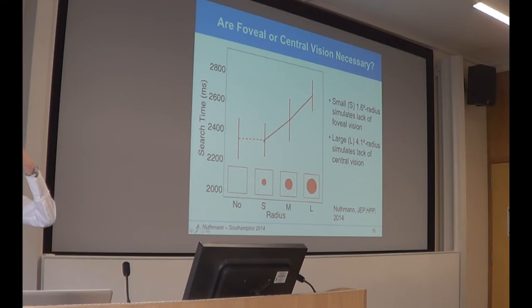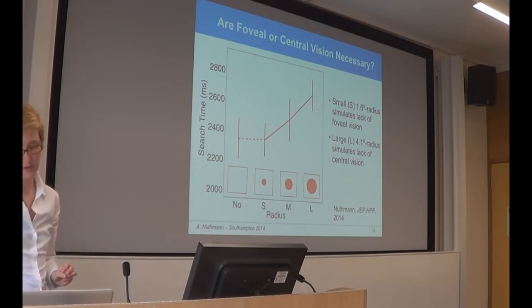So, which implies that foveal vision is not necessary, right? And only for the largest blind spot, knocking out central vision, that is foveal and parafoveal vision, 5 degrees, we observe search time costs. And that actually was an unexpected finding, and I zoom in on this a little more very soon.